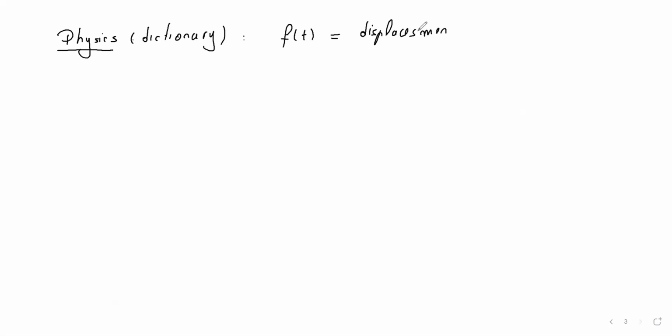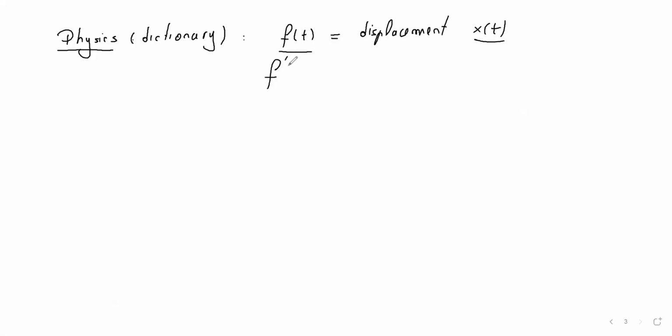And displacement is usually called x of t in physics. So they don't like to use f of x like us here. They like the x of t. All right.